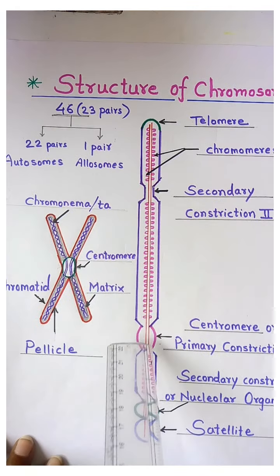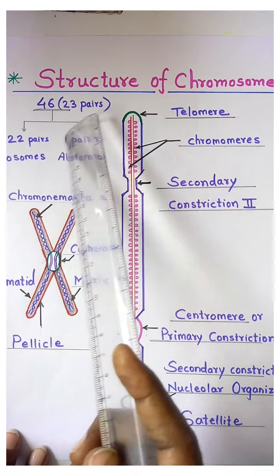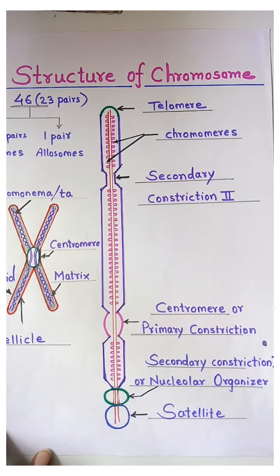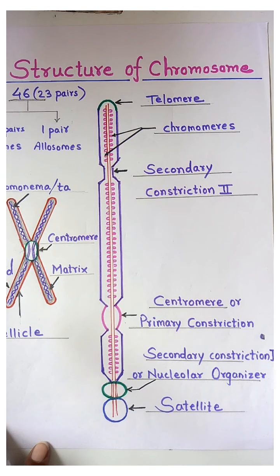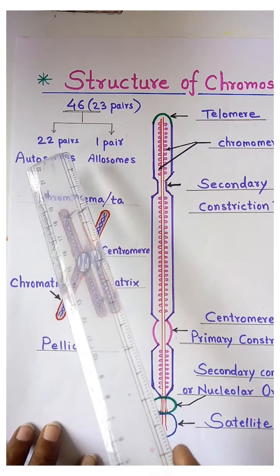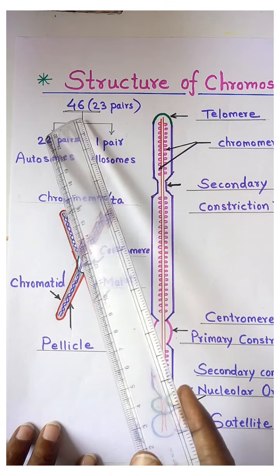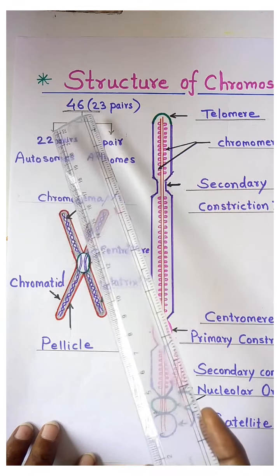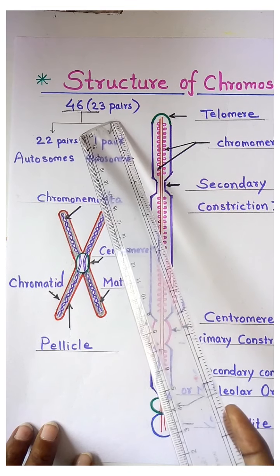Our today's topic is structure of chromosomes. In our previous lecture, we have studied that chromosomes are carriers of genetic material and there are 46 chromosomes, and these 46 chromosomes are arranged in 23 pairs.